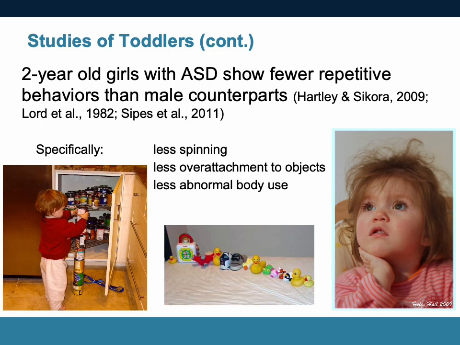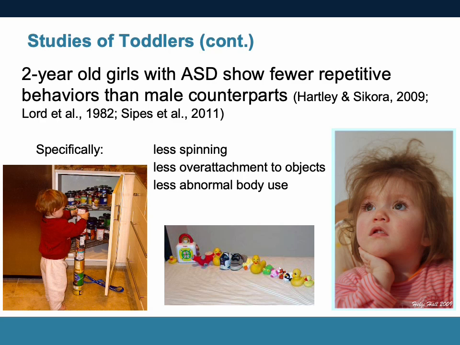There's less frequent spinning, less frequent carrying or over attachment to objects, and overall less abnormal body use. Now, that is not to say that there aren't girls who do some repetitive behaviors, but those who do tend to also have a more significant developmental delay at the time of their autism evaluation.